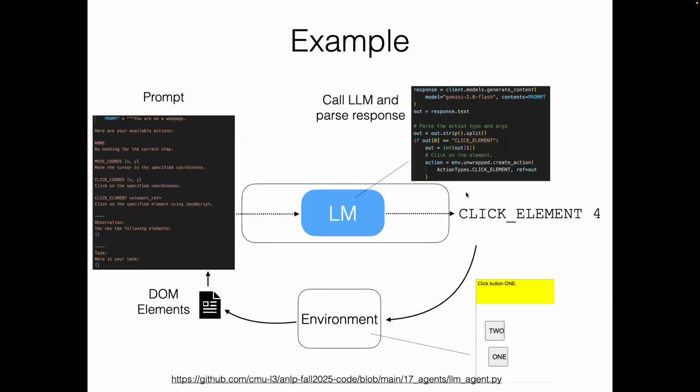Then what we have to do is represent the actions as text. That's straightforward. We can just have the language model literally generate, or we tell it what to do in the prompt. So we say generate the text, click element, and then some element ID. Okay, and so then you have to write some code which actually calls the language model and parses the outputs and then gets the action and takes actions in the environment.